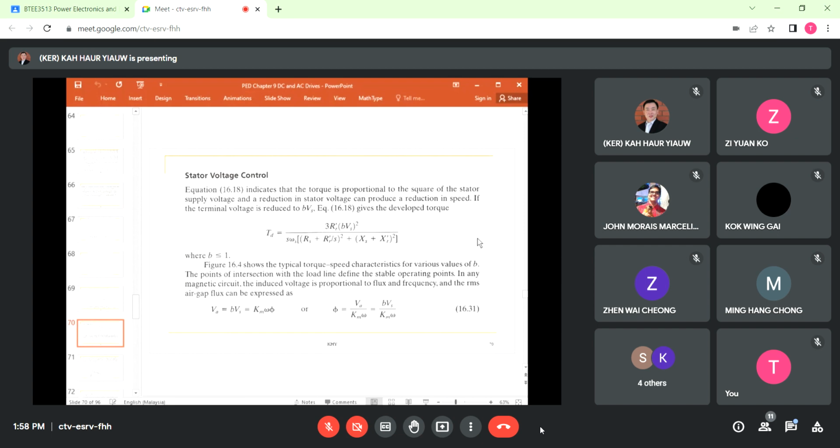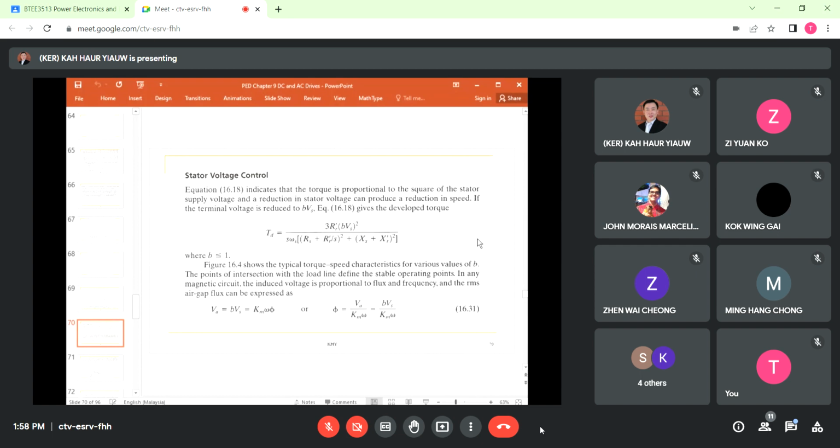Figure 16.4 shows the typical torque-speed characteristic for various values of B. The point of intersection with the load defines the stable operating point.